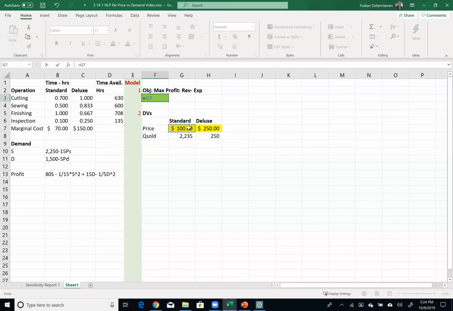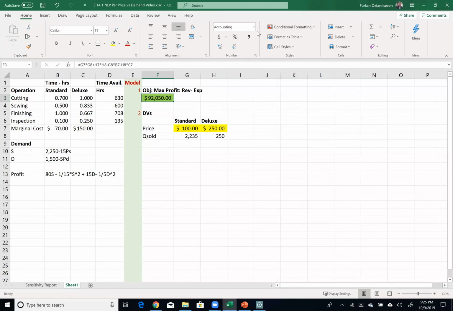This times this will give me my revenue from standard bags, plus this times this will give me the revenue for deluxe products, minus the cost. This times the marginal cost of standard, minus cost for deluxe is this times this. So this is your unconstrained model, and I'm trying to maximize this.